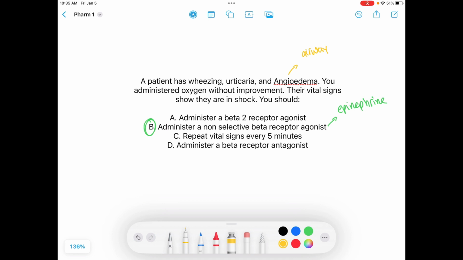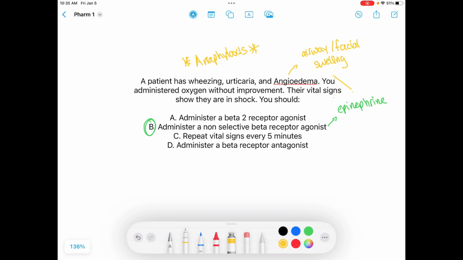But these patients' faces are usually super swollen up, big fat tongues, their eyes are super puffy. There's a lot of potential for airway obstruction here. So this is all just screaming anaphylaxis. Anaphylaxis. I can spell, I swear.